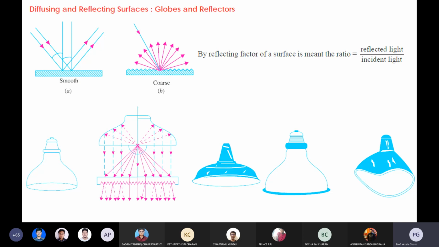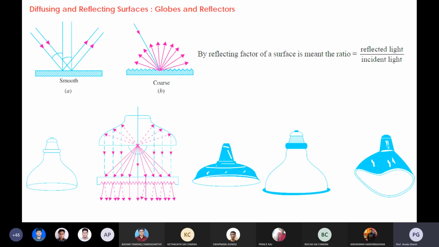You know the very basic property of light energy: the incident angle equals the reflection angle for a smooth surface. Reflector means how the lights are converging.